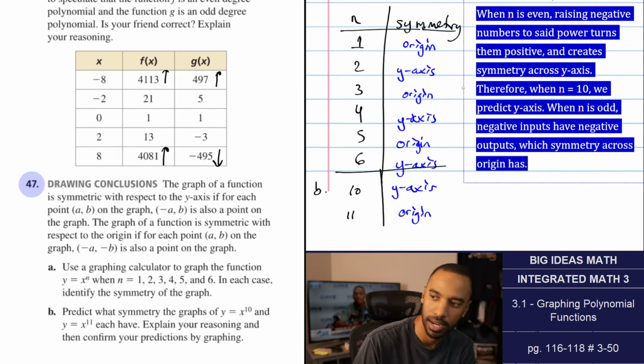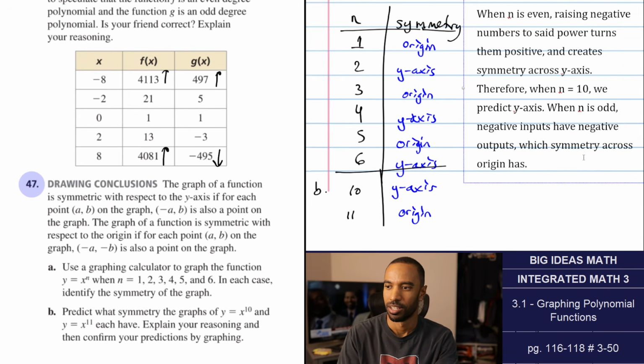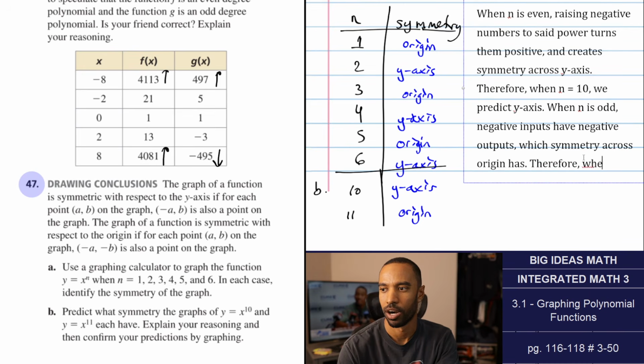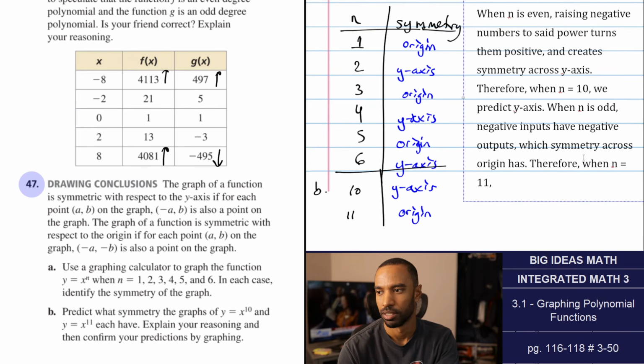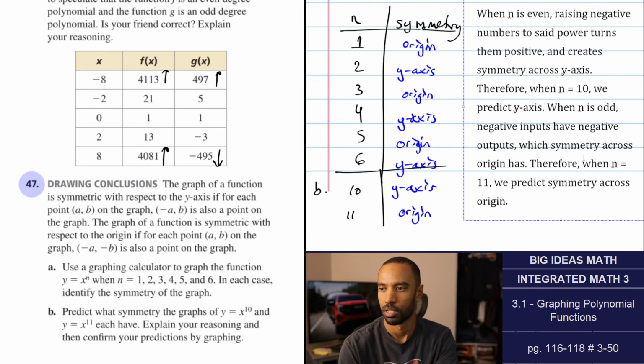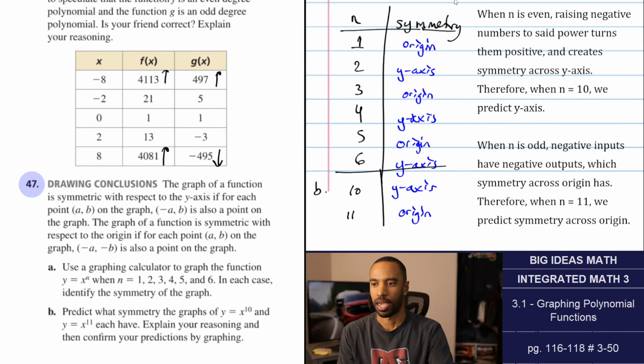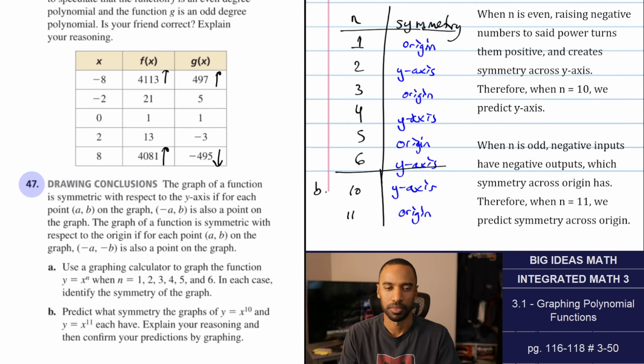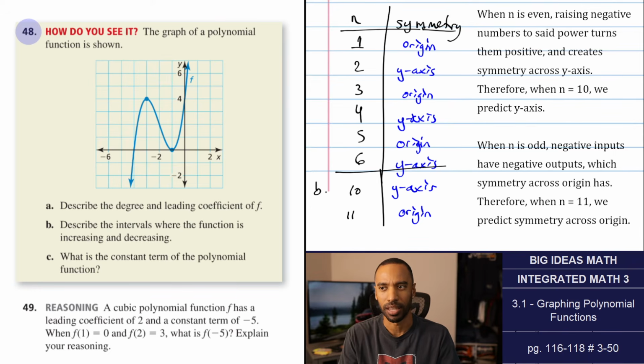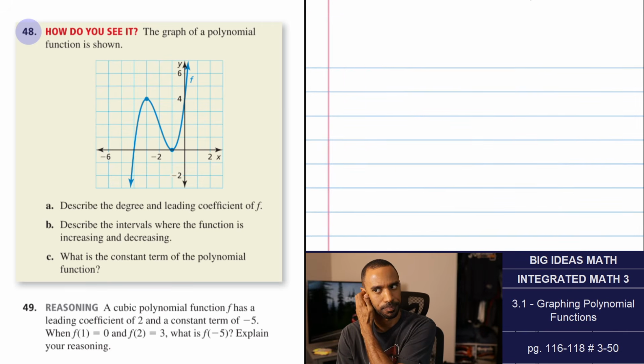Therefore, when n equals 11, we predict symmetry across the origin. All right. Lots to type out there. I tend to overtype. I hope that you tend to write less and use more paraphrasing.